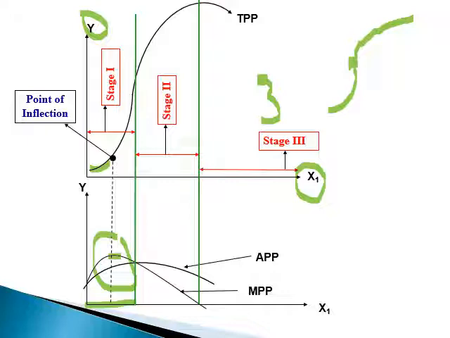What does it mean there is economics in it? It means that somewhere in stage 2, you have to use the amount of X1 that will maximize your net returns or net revenue. Somewhere. And surprisingly, that somewhere in stage 2 can never be on the borders.